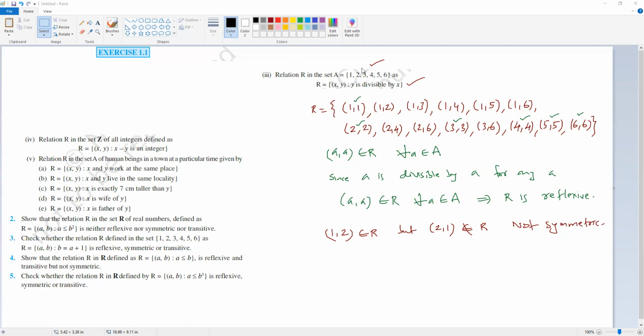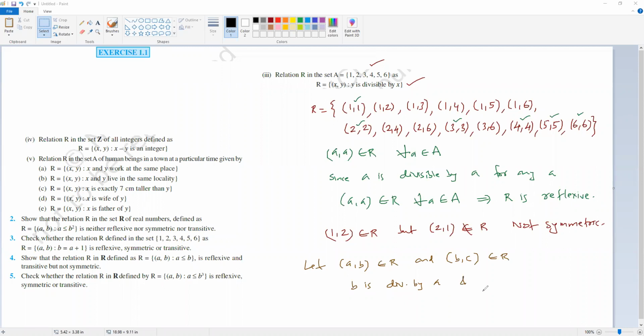Look, we can prove it generally also. Let (A, B) belong to R and (B, C) belong to the relation. So (A, B) belongs to R means B is divisible by A, right?